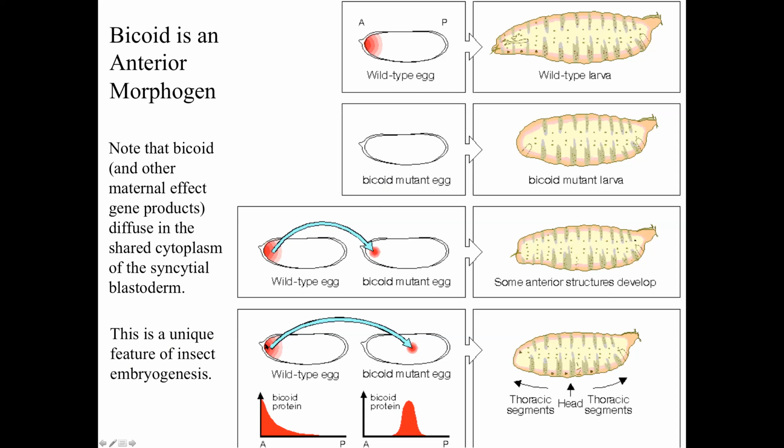Like I just mentioned, what gradient is being read by what cell type in what position is going to give rise to a different identity.